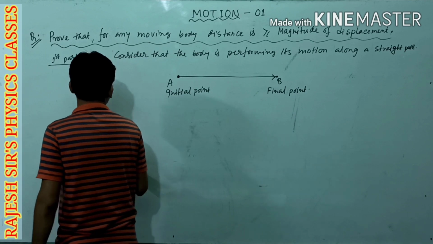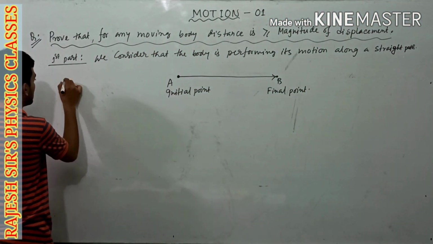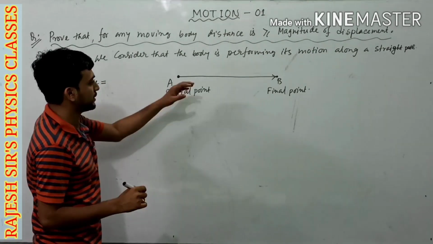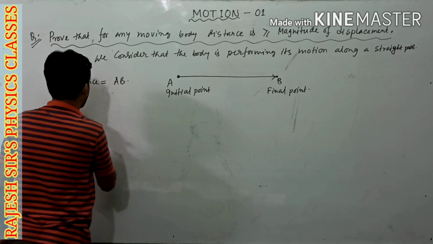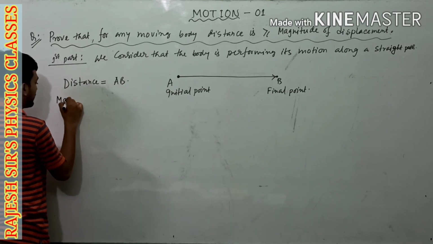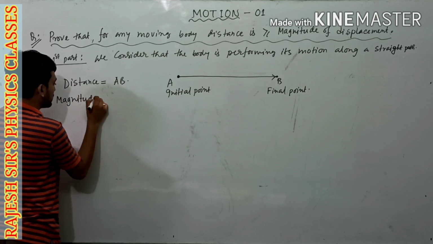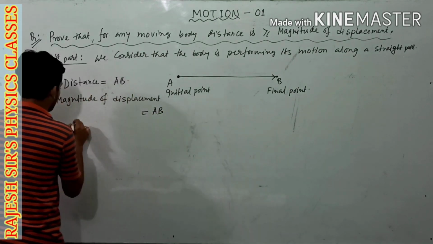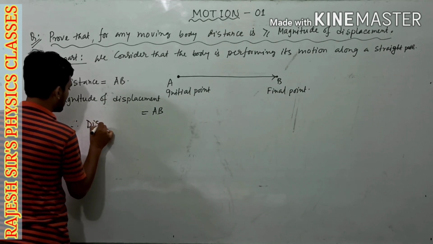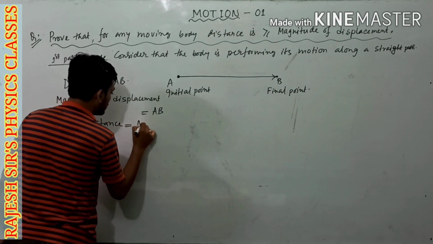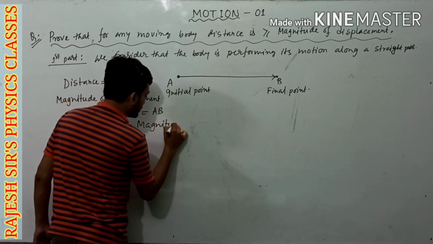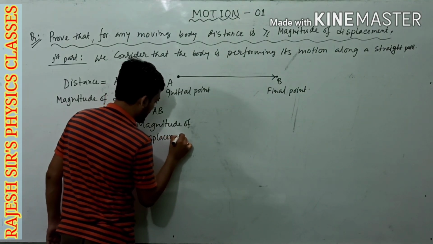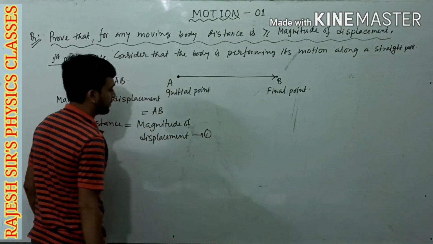Now you tell me what is the distance. Distance is the length of the actual path, which is AB. Again, magnitude of displacement, magnitude means value of displacement, also comes AB. Therefore, we can write distance is equal to magnitude of displacement. Give it equation number 1.